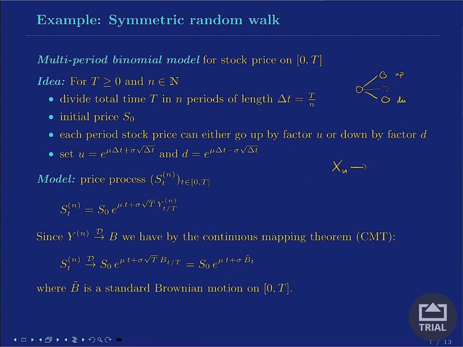So if we have xn converging in distribution to x, and we have a continuous function that needs to be continuous at the possible values that are here involved in these random variables, then we have that g of xn converges to g of x. And again in distribution.